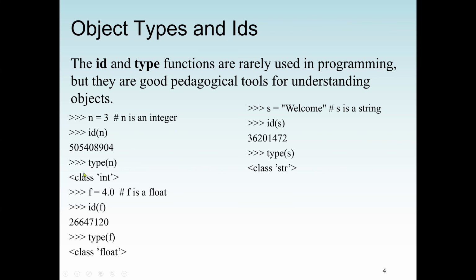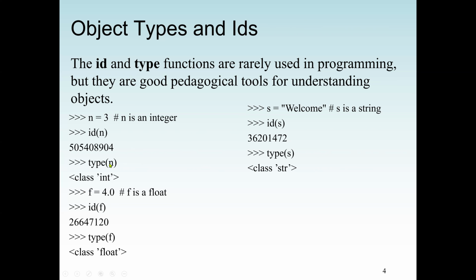Now, if I use the type function with the object name n as the argument, it will give me the type of data that has been stored in the variable. Here we know the value 3 was assigned to the variable, so the answer will be int. Int stands for integer.